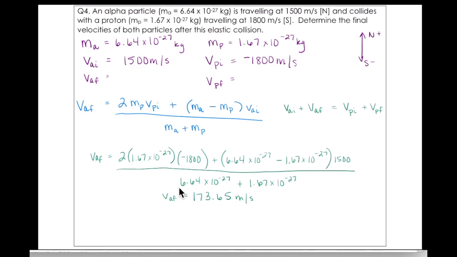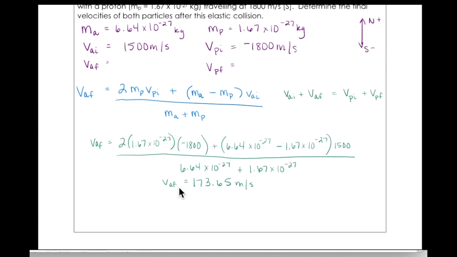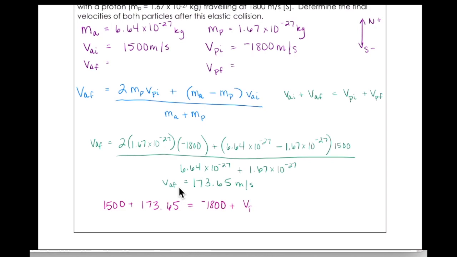I could go back and use the other equation derived at the bottom of the notes, but like I said, we can use the shortcut because now we know 3 of the 4 variables, and it is a much simpler equation to plug into. So I have my VAI, 1500, plus my VAF, which we just calculated, 173.65, is equal to my VPI, negative 1800, plus my VPF, which is what I'm trying to calculate.